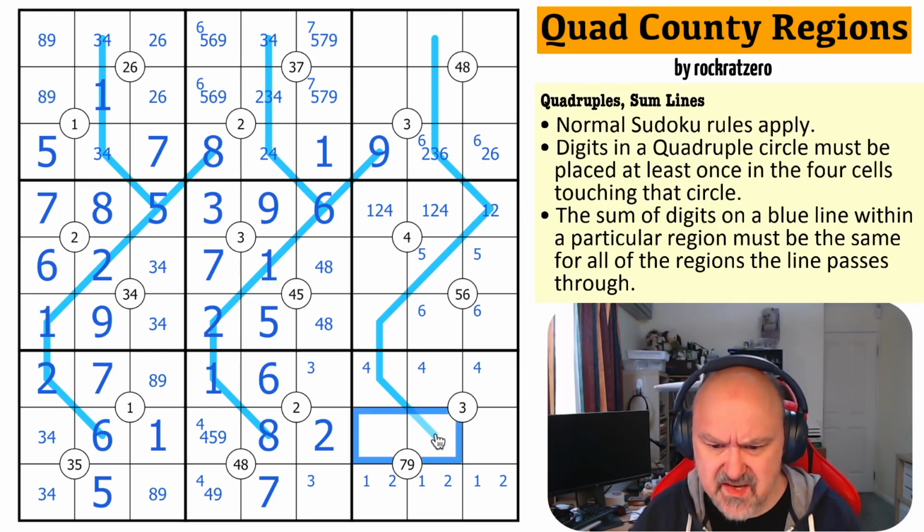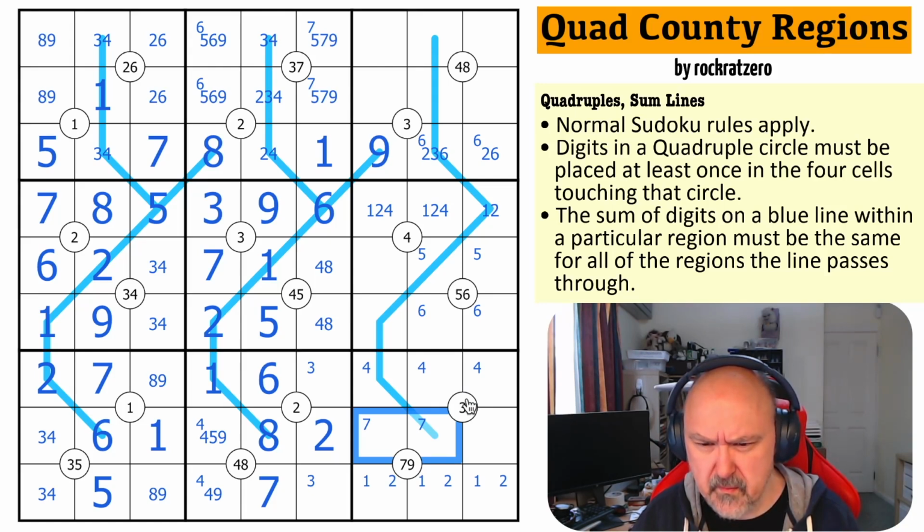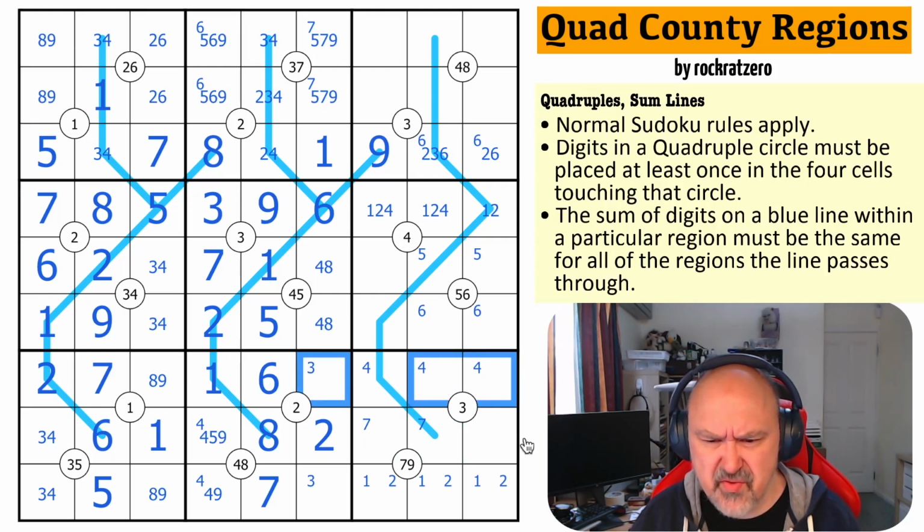Okay, this 7 means 7 is in one of those two. But I don't have 9s locked down. Don't have 3s locked down. Three is in one of those, but that's okay. 4 is in one of those. 5.